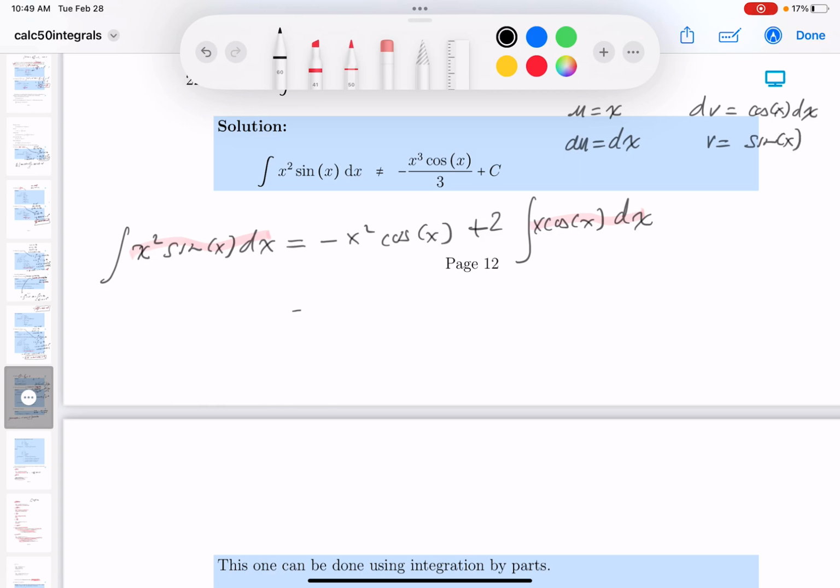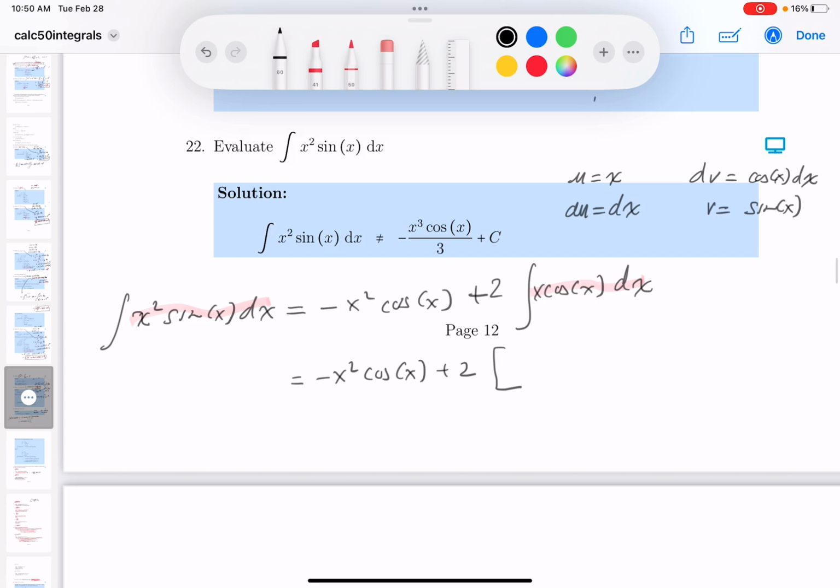Let's write this down then. It's going to be minus x squared cosine of x plus 2. Well, let me remind you, I'm doing this over here: u dv, uv minus v du. All right, let's write it down. And I'm looking at it, and I'm going to say x sine x, and then minus, let's see, the v, that's sine x, and then the du, which is dx.